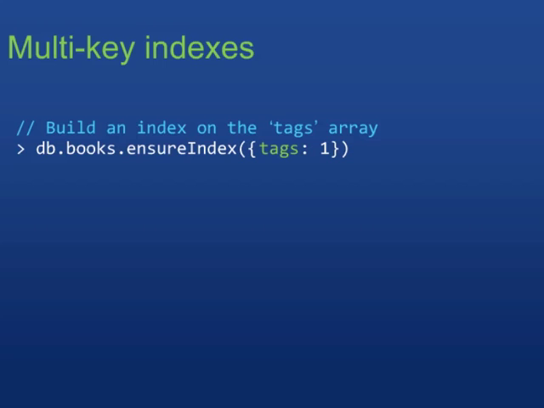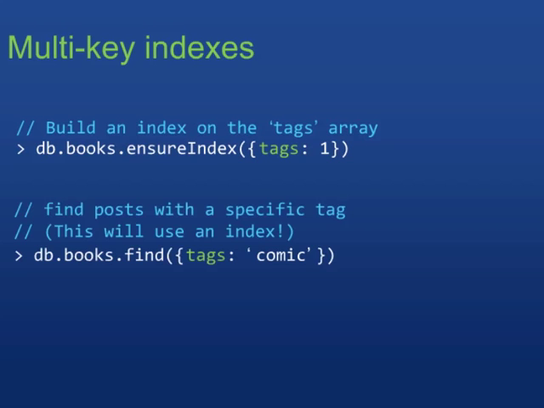And indexes are smart, and they work with these data types. So when I define what we call a multi-key index, this is an index on an array field, it actually takes all of the individual values inside the array and puts them inside the index. So this means I can now do queries where I say, db.books.find tags:comic.